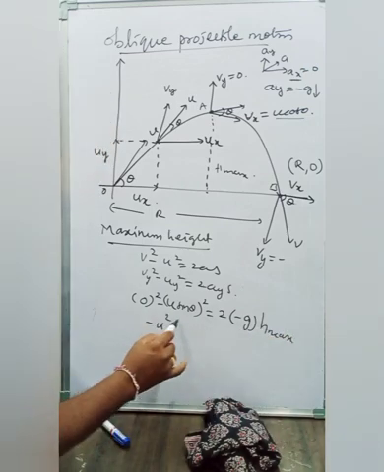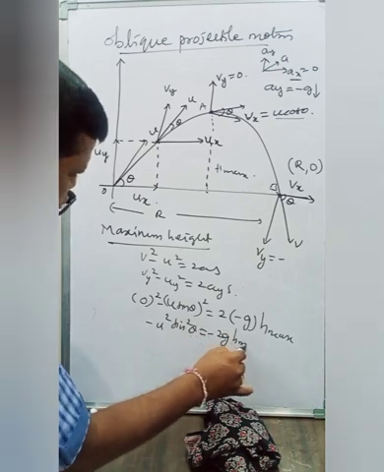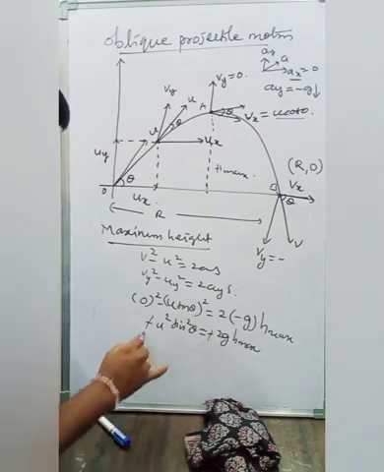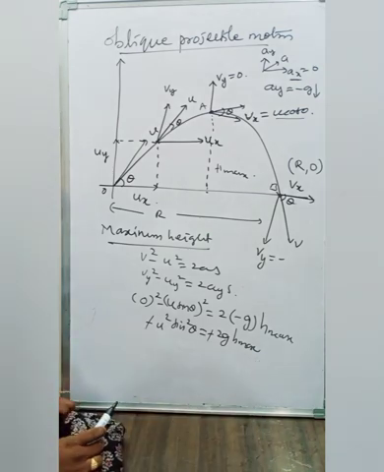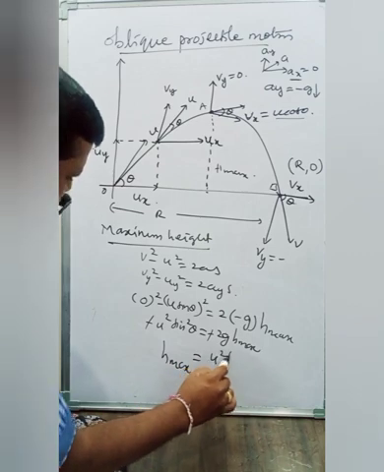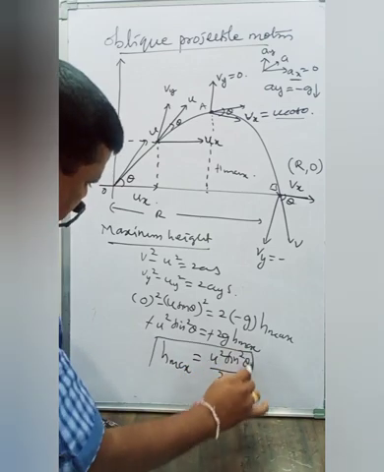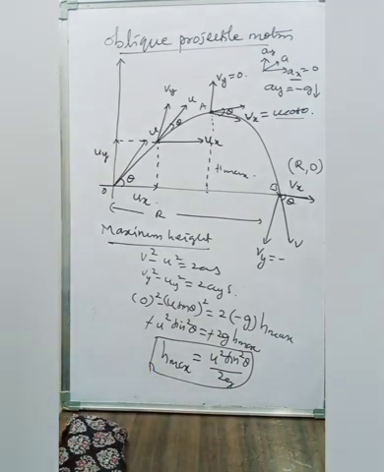Here 0 minus u square sin square theta is equal to minus 2g h maximum. The minus gets cancelled, so we get h maximum is equal to u square sin square theta by 2g. So this equation refers to the maximum height of a projectile.